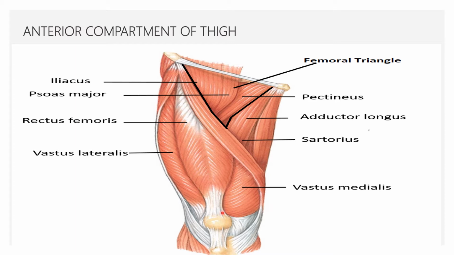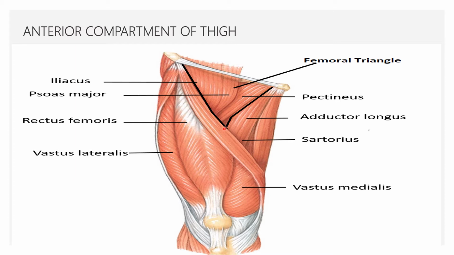Now these are the other muscles present in the anterior compartment of the thigh. These are quadriceps femoris. Now let us learn about the femoral triangle. Femoral triangle is a triangular depression, you can see over here, present in the upper part of anterior compartment of the thigh.